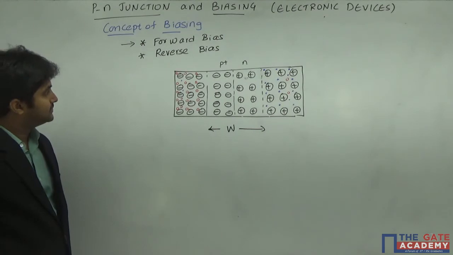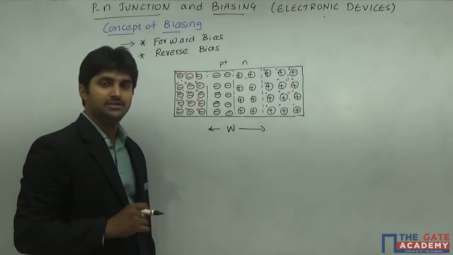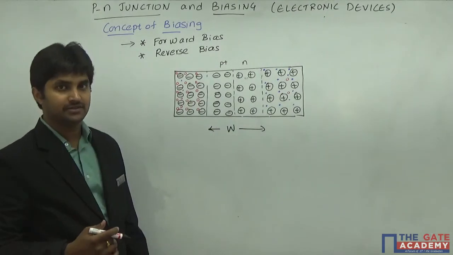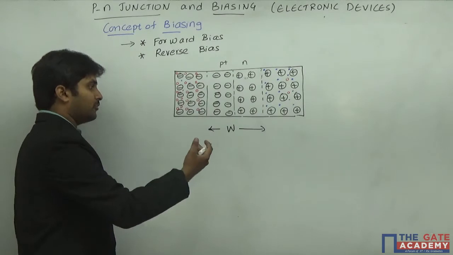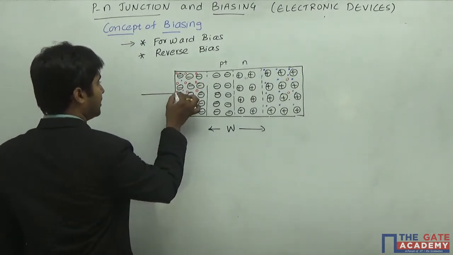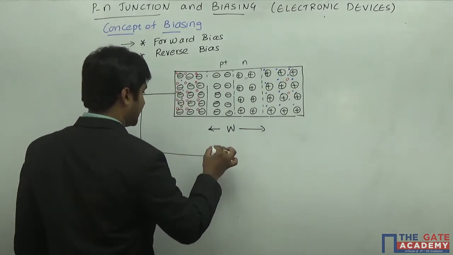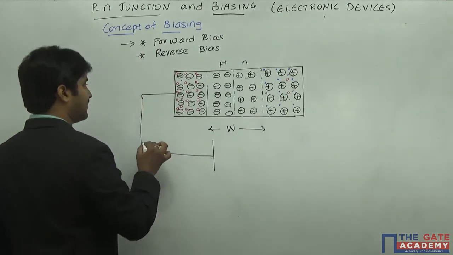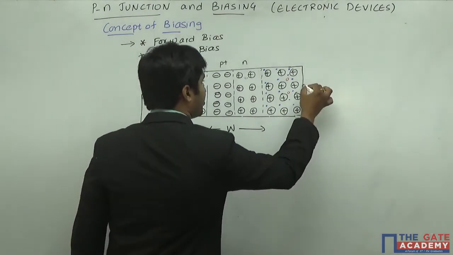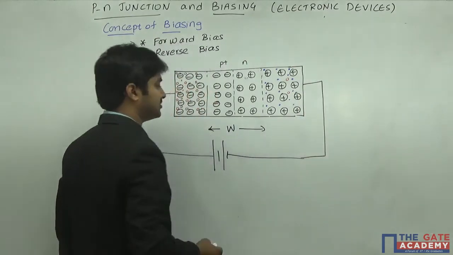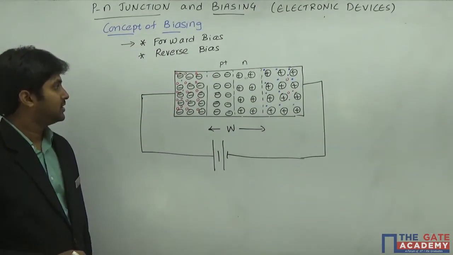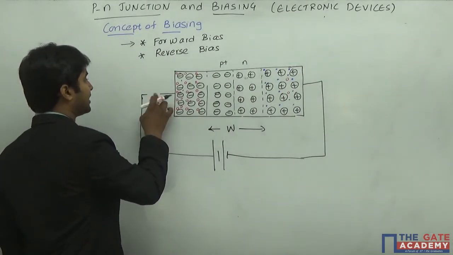So here you can see that you are having a PN junction where the depletion region is already formed. We know the formula for the width of the depletion region, contact potential, etc. First thing that I'm trying to do here is apply the forward bias, which is nothing but applying the positive terminal of the battery to the P region and the negative terminal of the battery to the N region. The bias that is formed is nothing but the forward bias. If you want, you can keep a resistor, which we call a current limiting resistor.